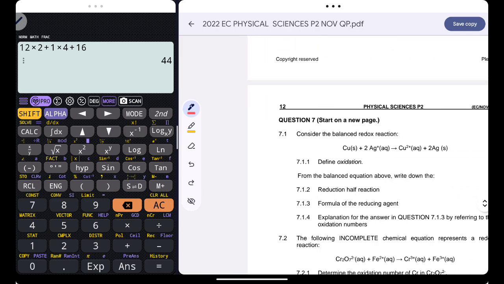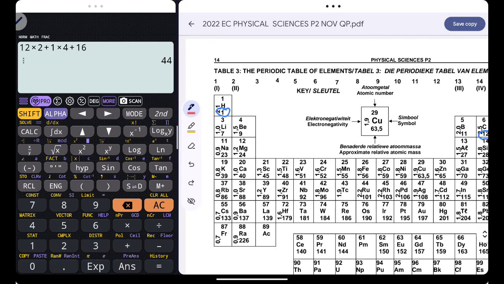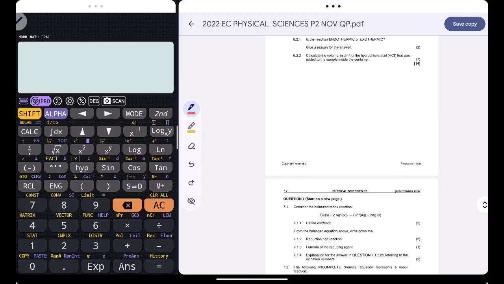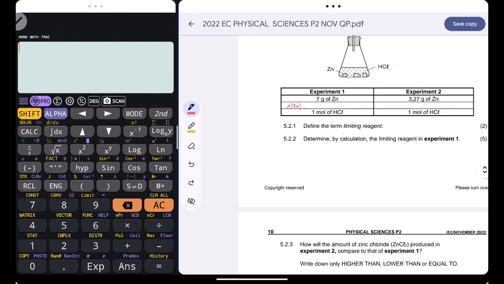I'll go down to my periodic table and check the relative atomic mass number for zinc. Zinc, this is zinc, right? My molar mass is 65. So the number of moles for the zinc solid is going to be mass over the molar mass, right?